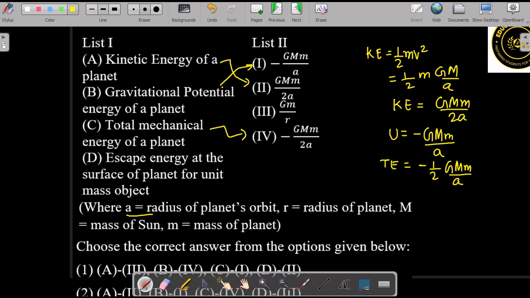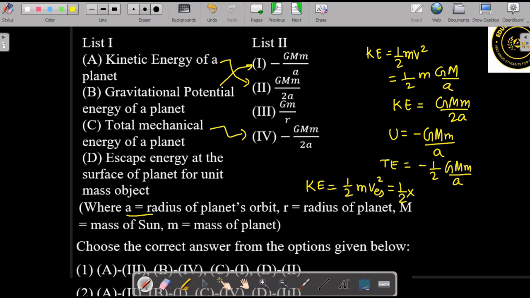Escape energy: of course, it is the kinetic energy when you are throwing the object. So kinetic energy is half m v escape square. Escape velocity you know, right?